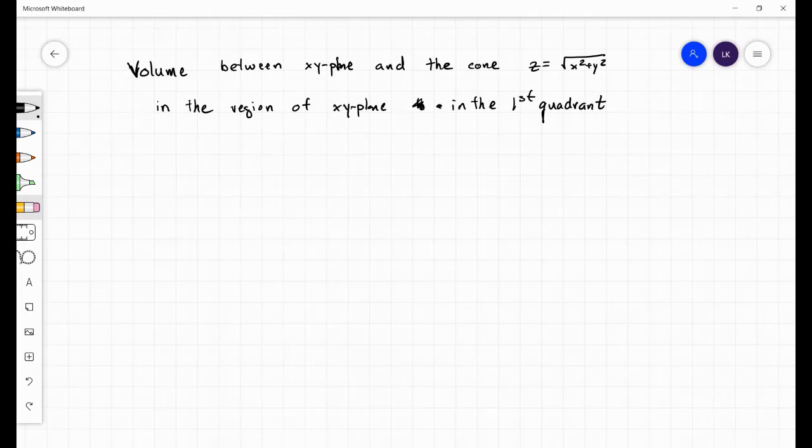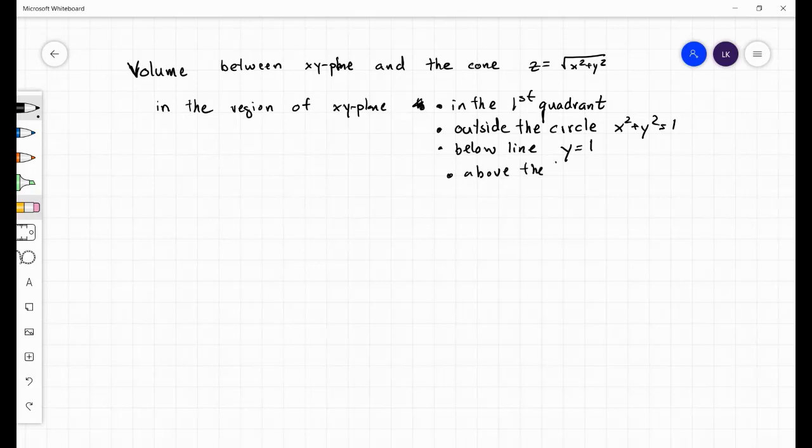Okay. Outside the circle, below the line y equals 1, but above the line y equals x.